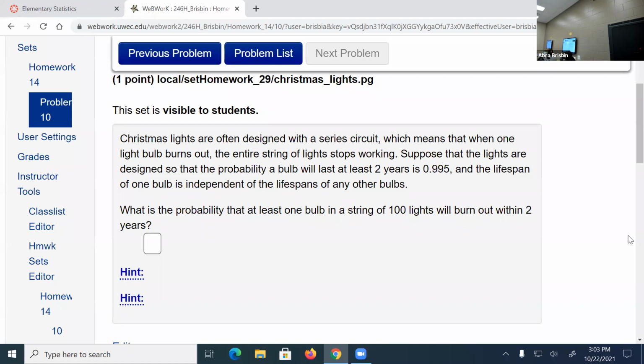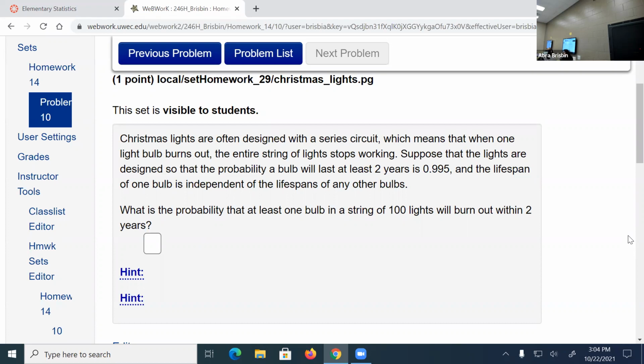So we want to find the probability that X is greater than or equal to 1 using a binomial distribution. So what calculator function might we want to use? Yeah, we could use binomial CDF, but binomial CDF will only give us the probability that X is less than or equal to something. So we can use the complement rule.